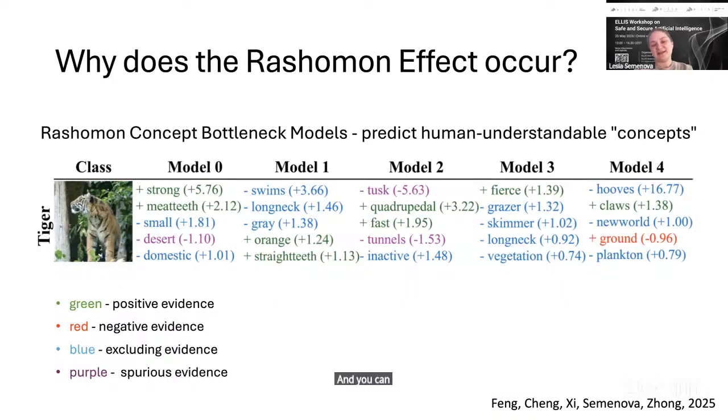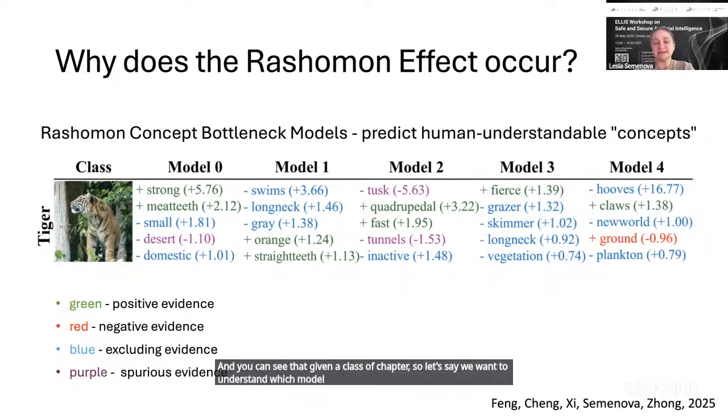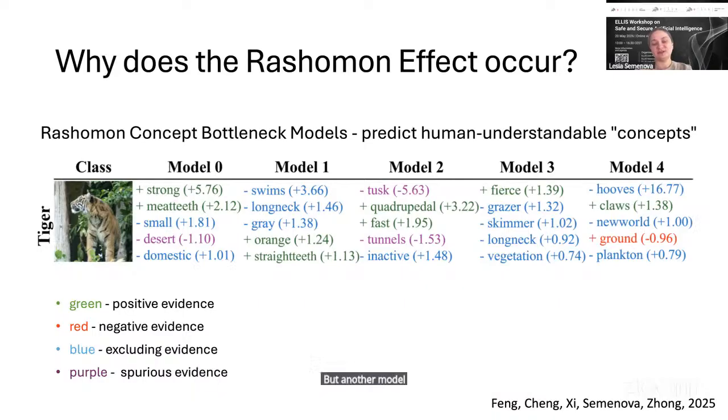And you can see that given a class of tigers, so let's say we want to understand why the model predicted this specific image as class tiger, we can see that the models rely on different reasoning. So for example, one model can look into some properties such as being strong, where another model can look into the color of the tiger, such as being orange. And another model can look at the speed, which is being fast. And they can also utilize some negative information.